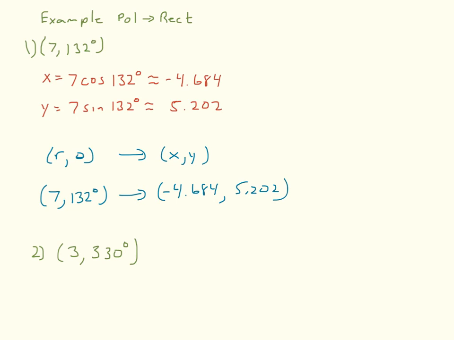I can find y. Y is 7 times the sine of 132 degrees, which will be 5.202 when I round that to 3 decimal places. And so the point 7, 132 degrees in rectangular coordinates is the point -4.684, comma 5.202.